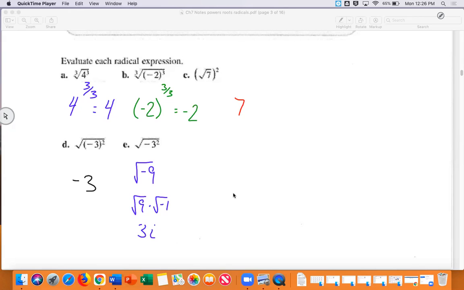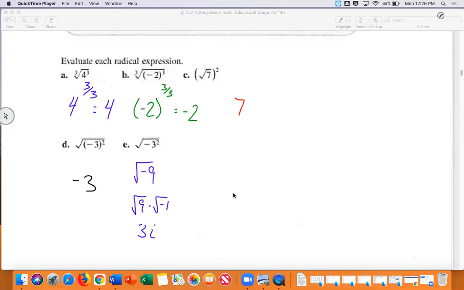Now, the stuff with the exponents, that's going to help you out, being able to rotate between roots and rational exponents. Why? Well, because you're going to want to be able to divide stuff. It's going to allow you to simplify things better. So being able to take the cube root of 4 cubed and rotate that up to make it a rational exponent is going to allow me to simplify stuff way quicker.